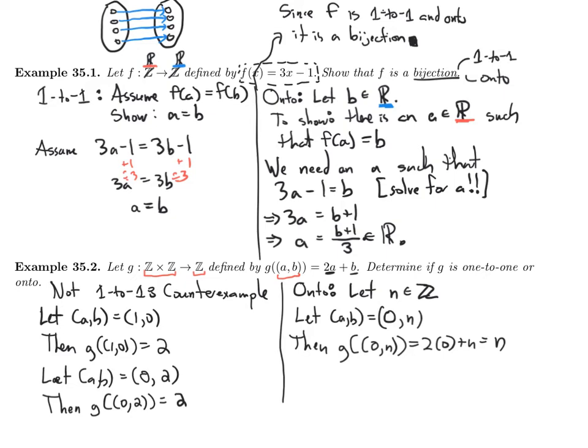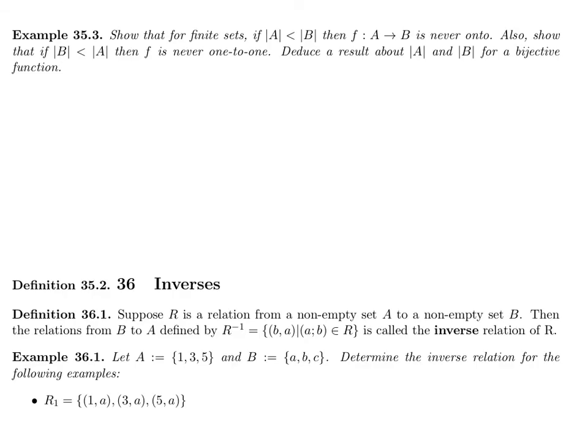Let's look at one more thing here. This really talks about the sizes of sets for bijective functions. It's very strict what you can have. So what we're going to show, if we have a function from a to b, where a and b are finite sets, and we know, in this case, a is smaller. If your domain is smaller than your codomain, the function is never onto.